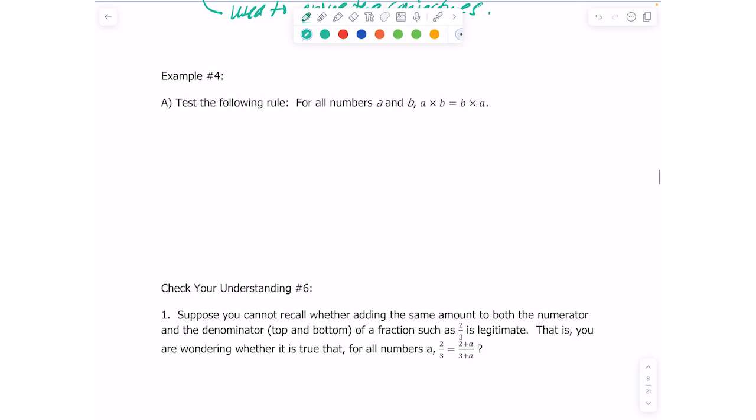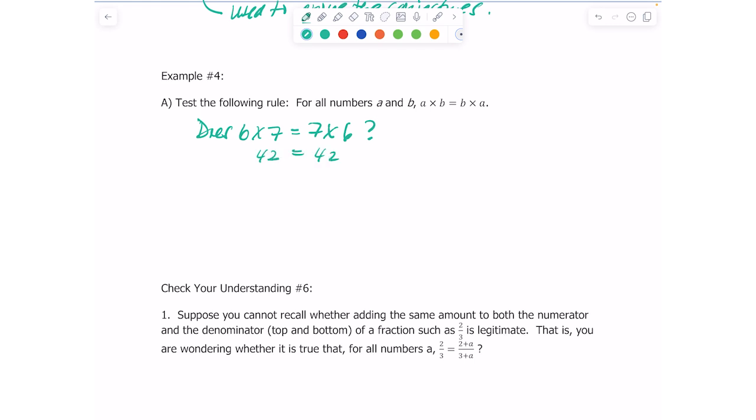Okay, here's an example. We're going to test this rule. It says for all numbers A and B, so they could be anything, A times B equals B times A. Okay, so let's pick two numbers. Let's say, does 6 times 7 equal 7 times 6? Well, I know 6 times 7 is 42, and 7 times 6 is also 42.